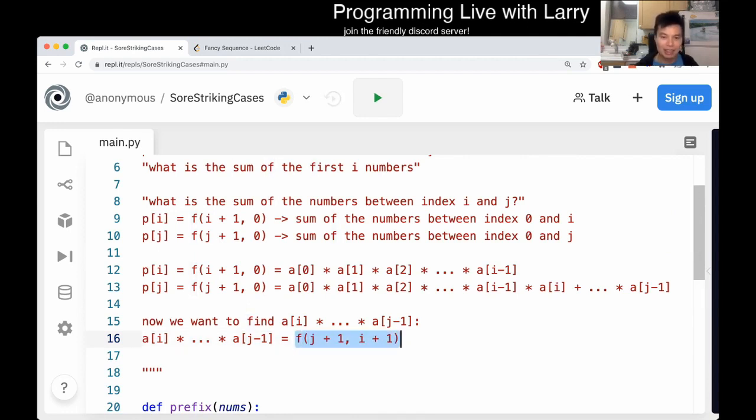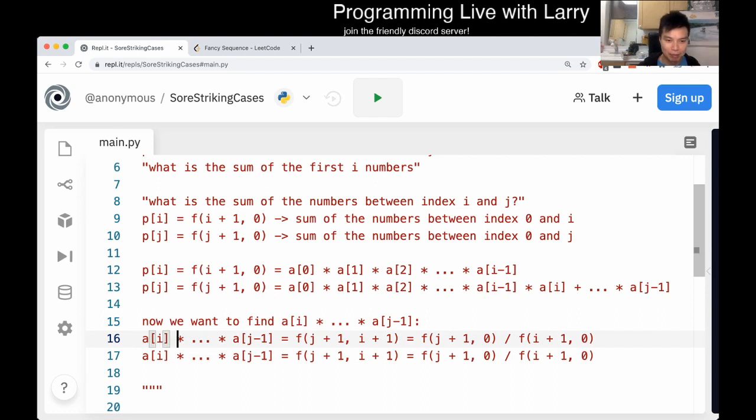Well, I think I missed a step before: this thing divided by this thing, right? So before, in the addition version, I didn't write it out. It is just this minus this in the addition version.